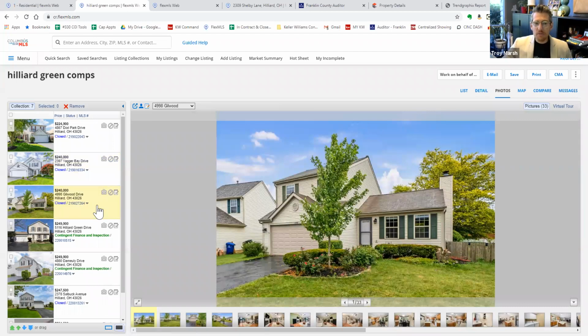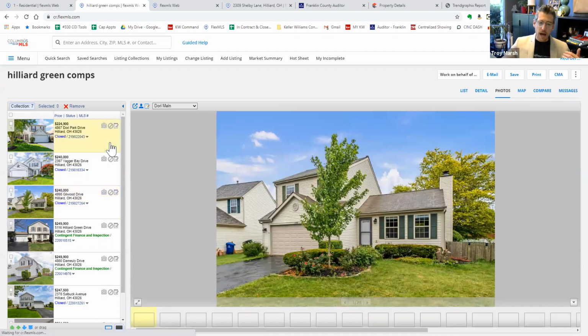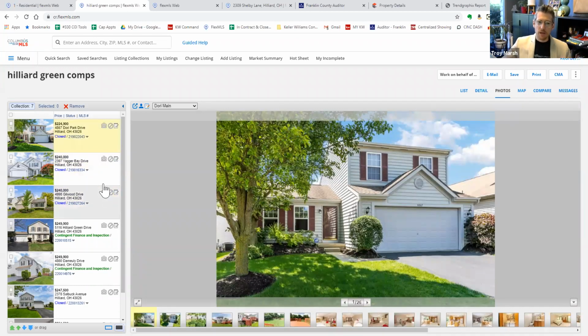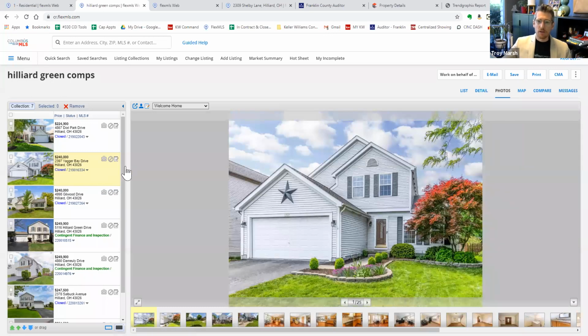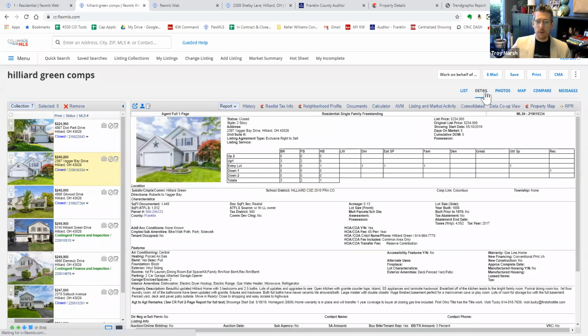So that's kind of my conversation and my process. When I was doing it, I would print it off and highlight all the things that were important about the property to make sure I wasn't missing anything. Like in this case, this property had a finished basement, and I know that because it was 1812 square feet.